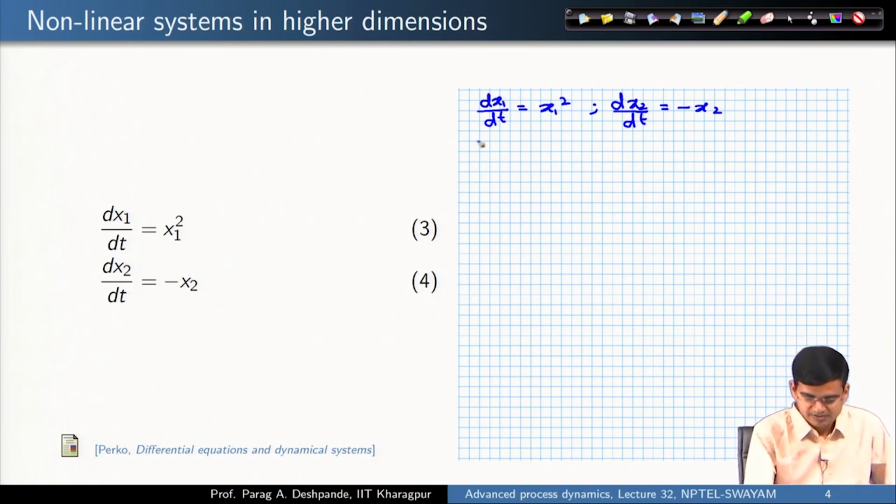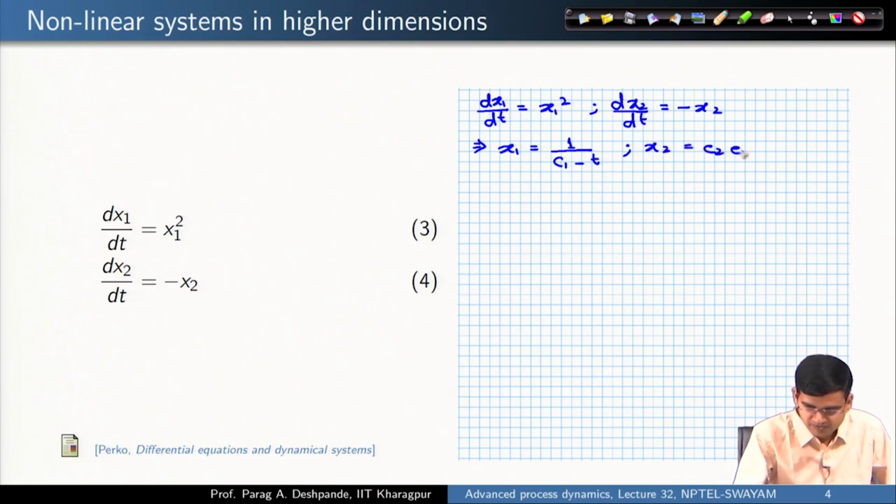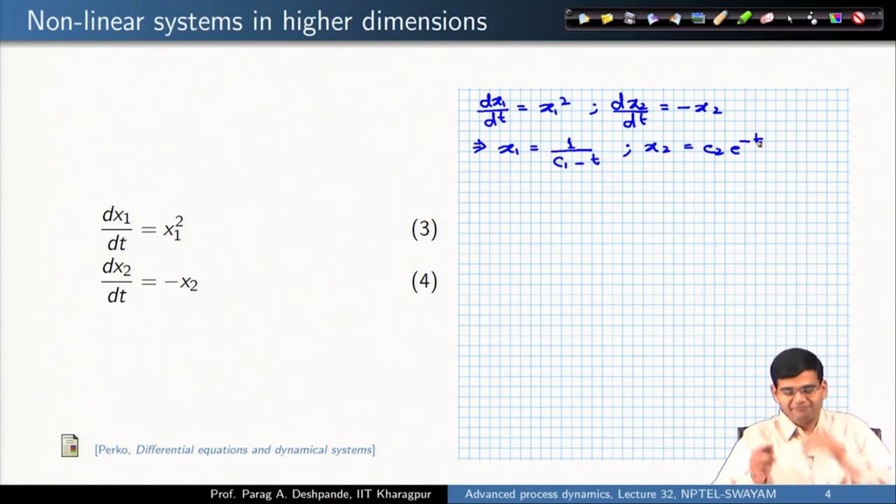The solution would be x1 equals 1 upon (c1 minus t) and x2 equals c2 e to the power minus t. These are very simple equations. The solutions are in front of you.